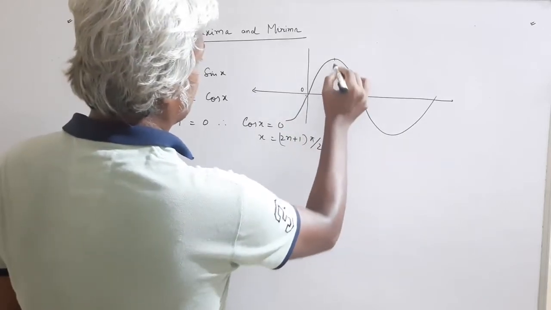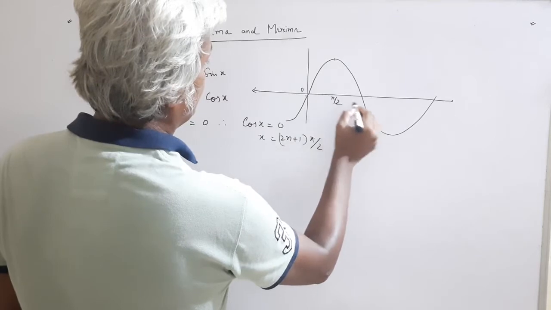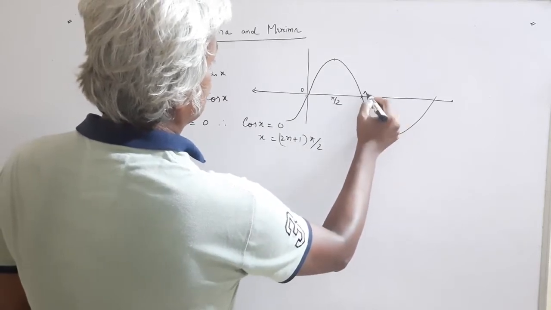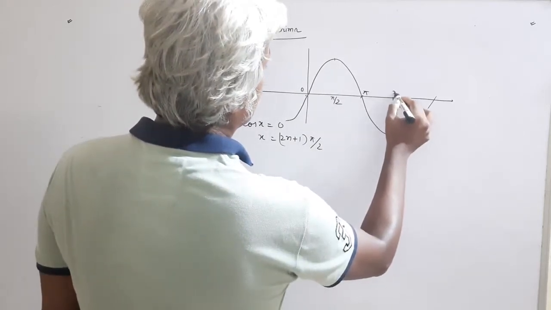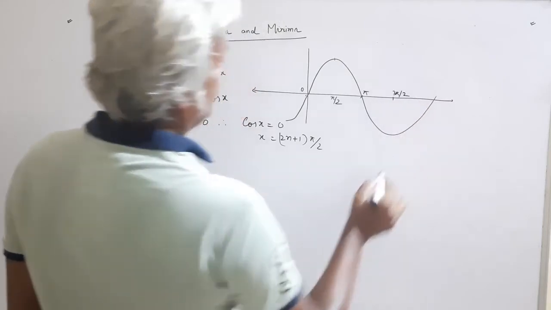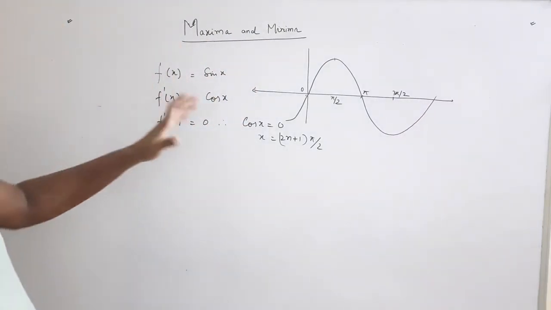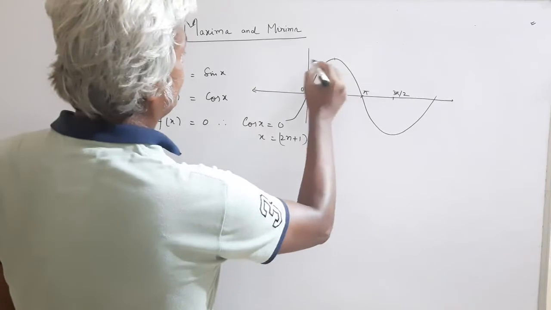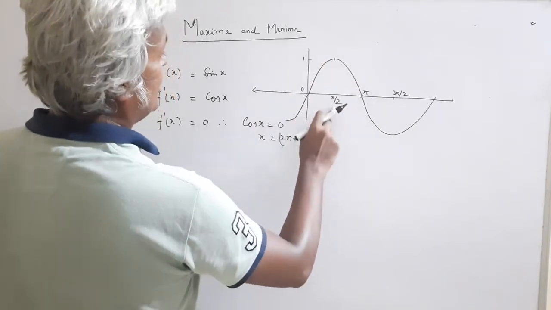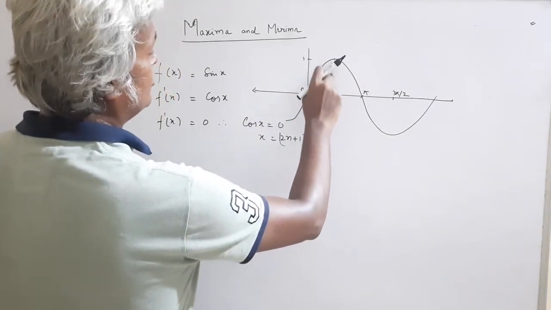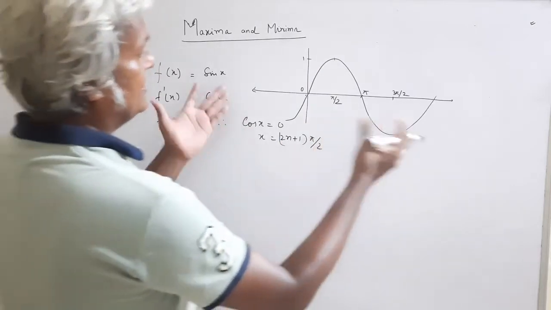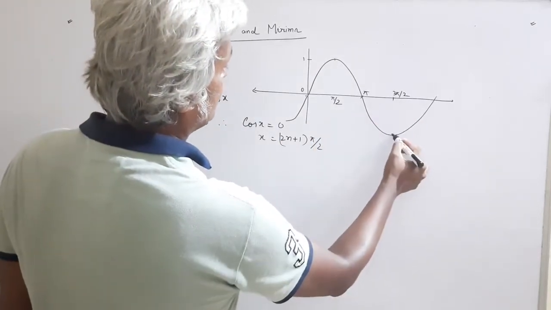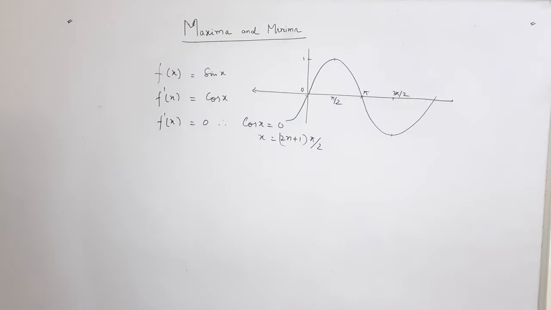This is 0, this maximum value is at pi by 2, this is pi, this is 3 pi by 2. If you see the peak value of this graph, which is 1, at pi by 2 this is the maximum value, so this is a local maxima, and at 3 pi by 2 it is local minima.